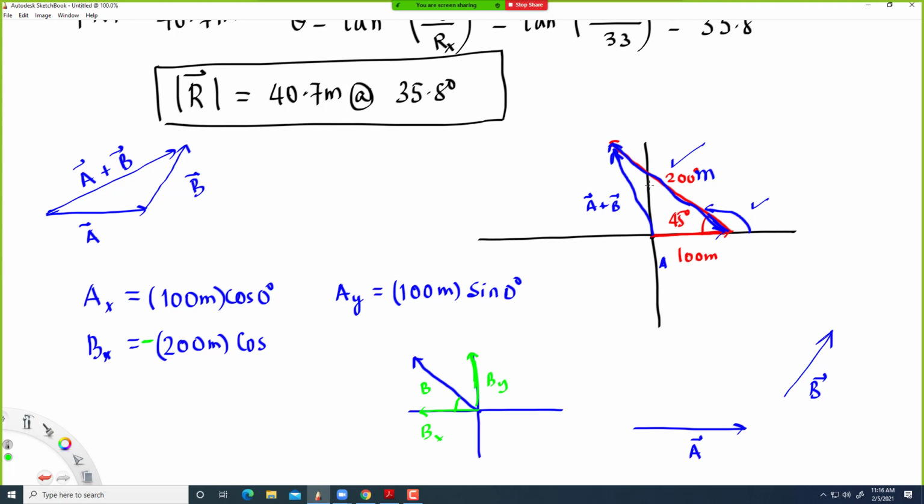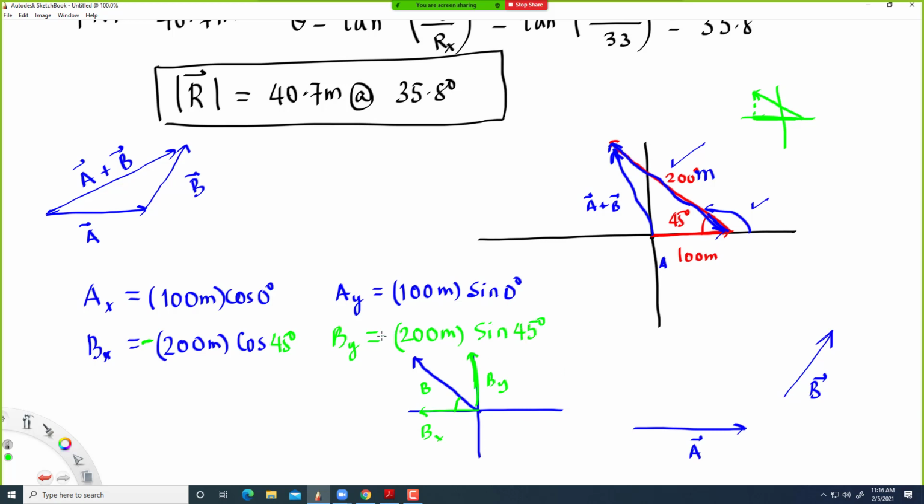So in this case also, its x component is pointing to the left. If you project this vector on the x-axis, that would be its x component, which is pointing to the left. So we have a minus sign here, 45 degrees, and By is 200 meters sine 45 degrees.